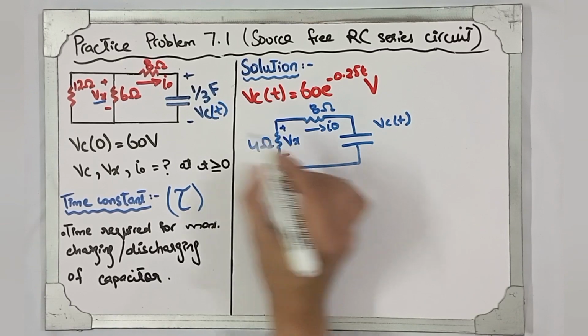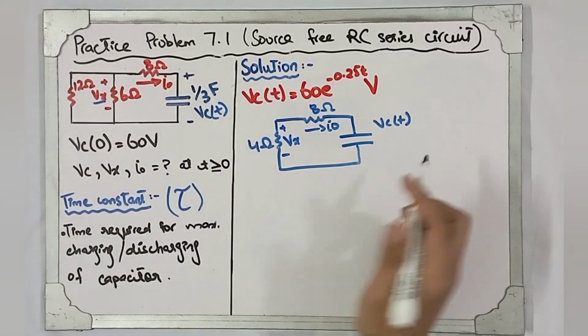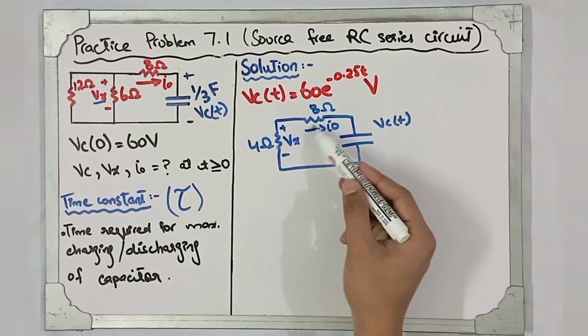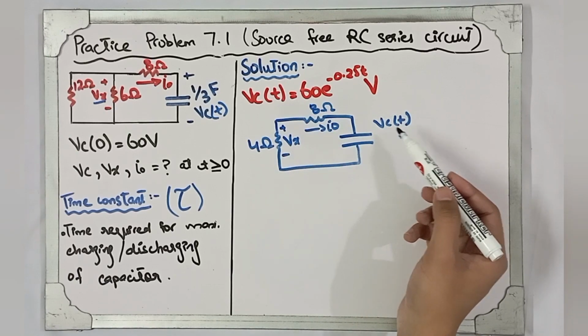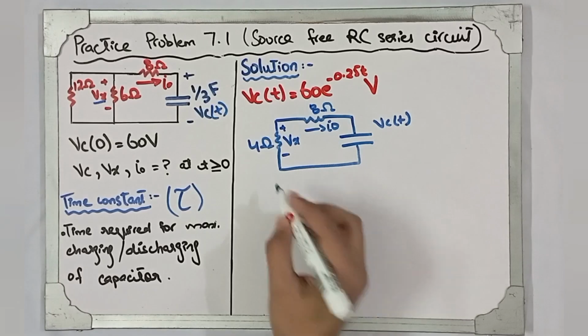The voltage across this resistor will be Vx because the two resistors were in parallel, so the voltage across them was the same. So we can use voltage division here because the capacitor is acting as a source.